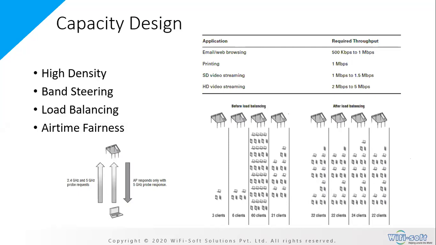Now, when the client is too far away from that access point, remember I told you that it degrades the data rates. It goes to even 1 Mbps. So if the client is transmitting, let's say, 1000 bytes at 1 Mbps speed, and the device is further away from that access point, it is going to take a longer time to transmit that.